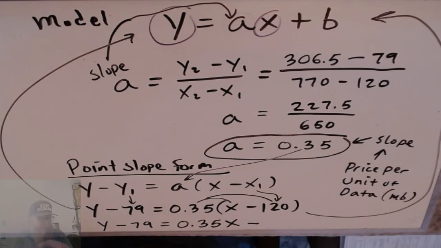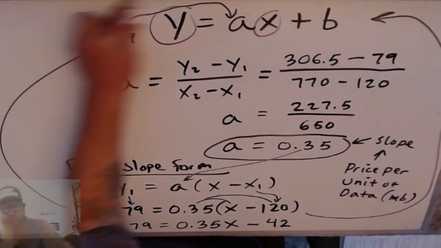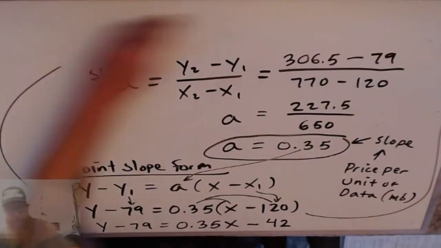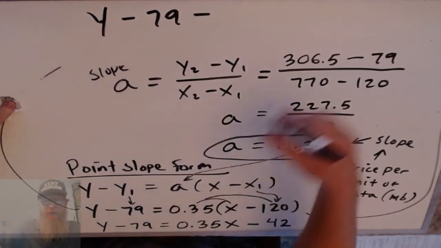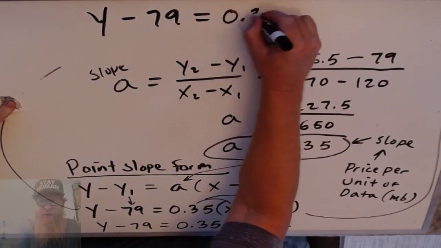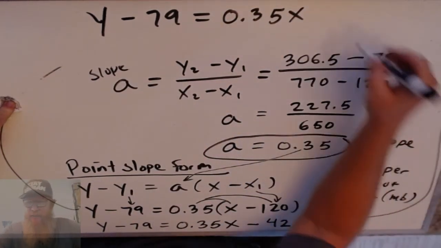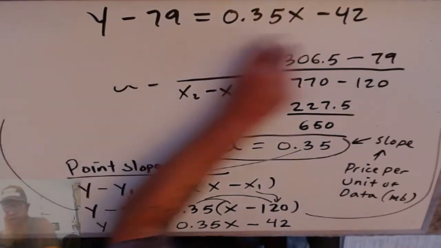I shouldn't say I can't. I should probably say I don't want to. 35 cents times 120 is 42. So now we have Y minus 79, I'm just bringing it all up here, equals 35 cents times X minus $42.